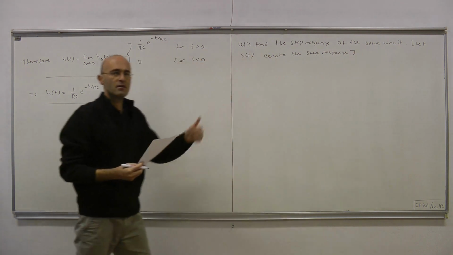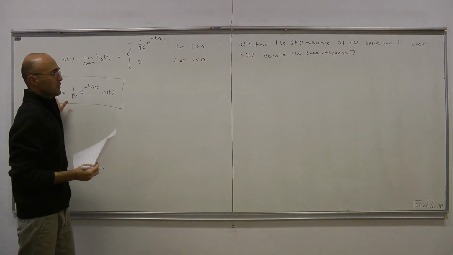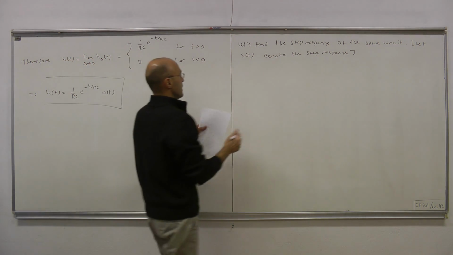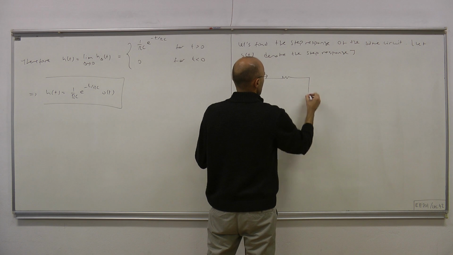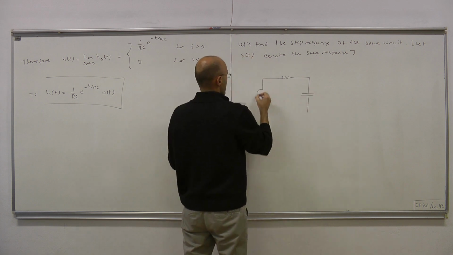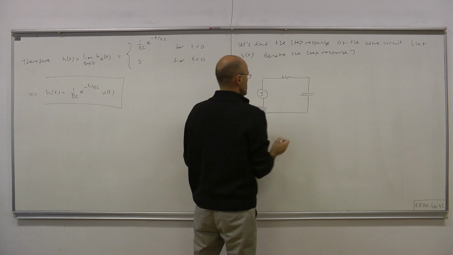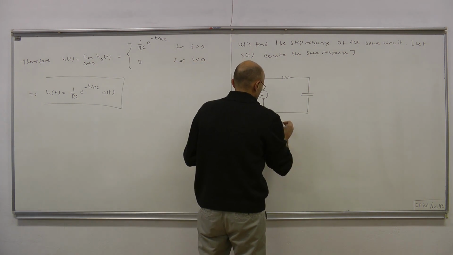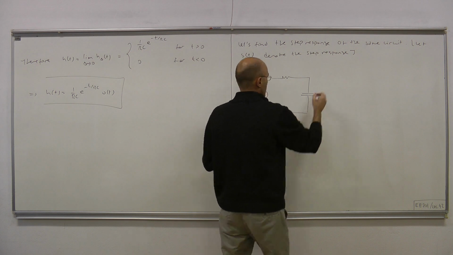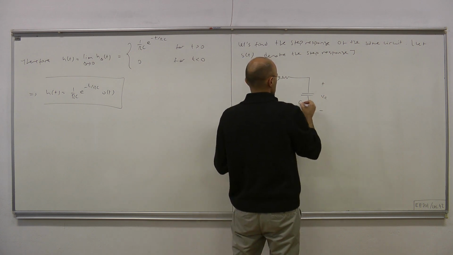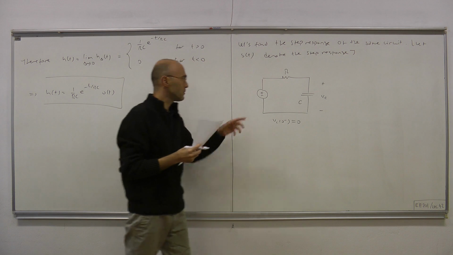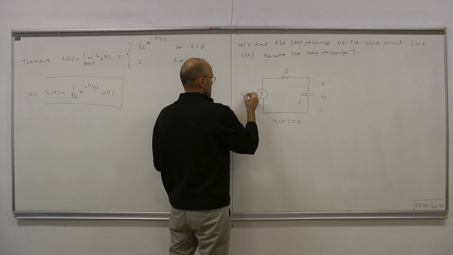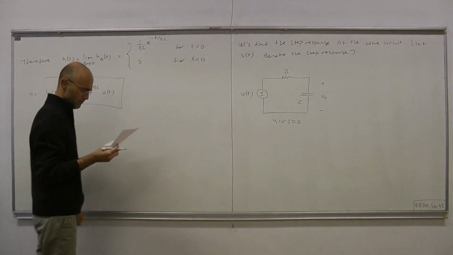So h of t denotes the impulse response, S of t is the step response. By definition, the step response is such that you have zero initial conditions, and for the input of your circuit, we apply the unit step function, u of t.